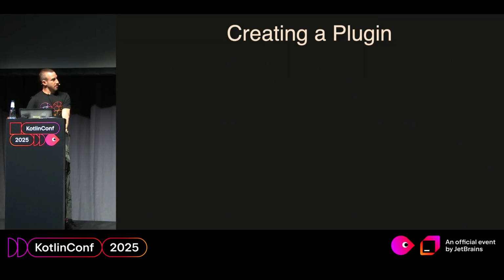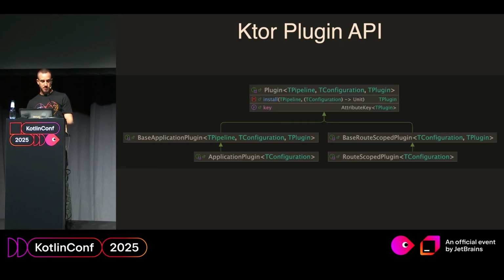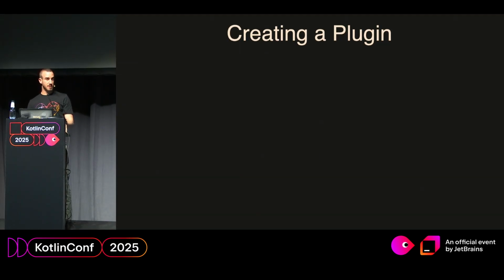So now let's talk about creating a plugin. So Ktor gives us functions for creating plugins. Either application plugins or root scoped plugins. In this case, we want to create an application plugin because we're not dealing with any routing. So let's define a function for creating an application plugin.